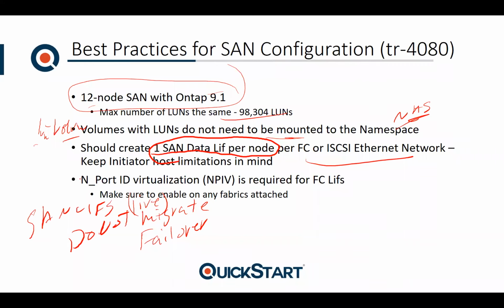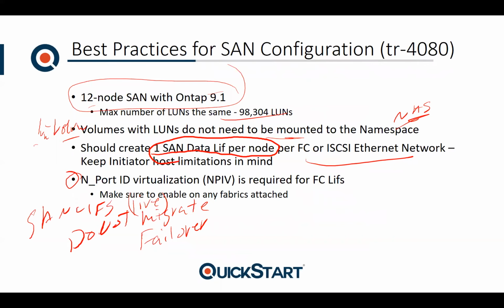And then the last little point on this particular slide talks about NPIV, N_Port ID Virtualization. So I think one of my next slides, I also mentioned this. In Fibre Channel, we're taking our Fibre Channel switches, the fabric, and we are simply mapping through which WWPNs can see each other. That's how we can configure those Fibre Channel switches.